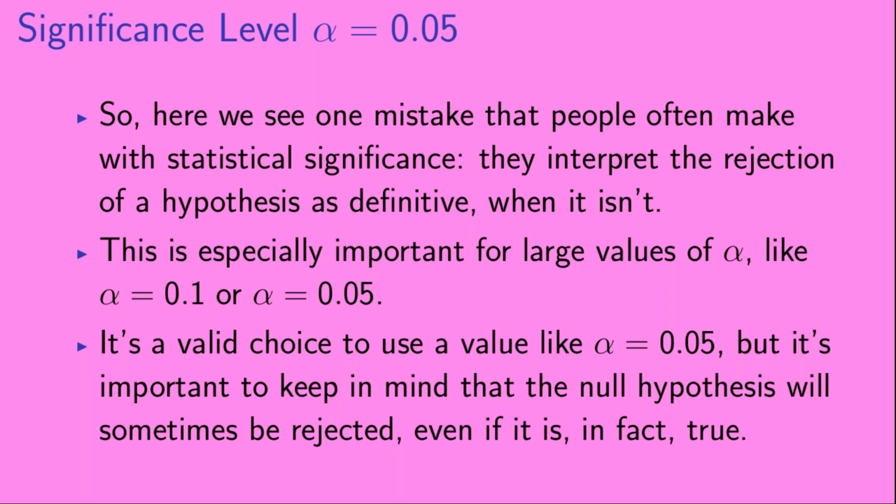This is especially important for large values of alpha, like alpha equals 0.1 or alpha equals 0.05. It's a valid choice to use a value like alpha equals 0.05, but it's important to keep in mind that the null hypothesis will sometimes be rejected, even if it is, in fact, true.